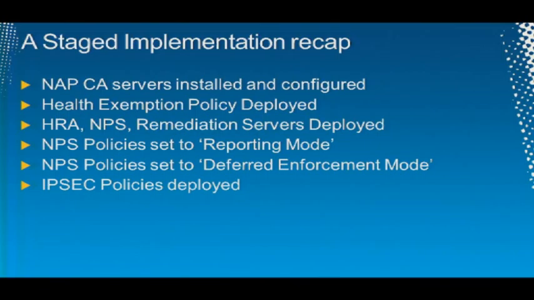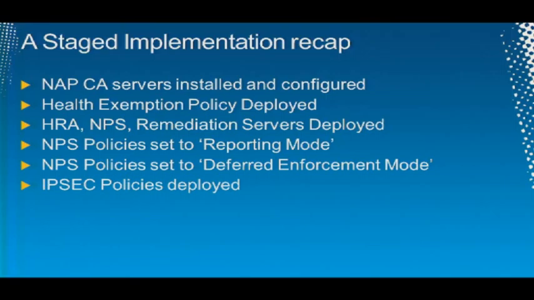Okay, so just recapping the staged implementation approach that we've talked about. Our recommendation is the first thing you do is you get your CA servers installed and configured. The next thing you do is deploy your health exemption policy, get your servers into the security groups. They're going to need a restart before they get their certs, and make sure that your exemption servers have those certificates on them.